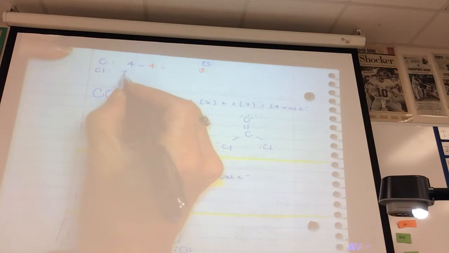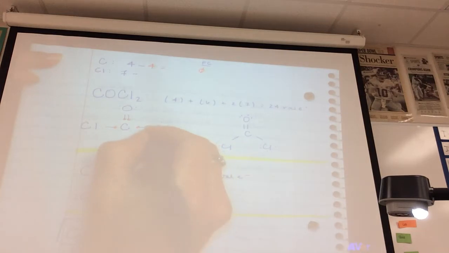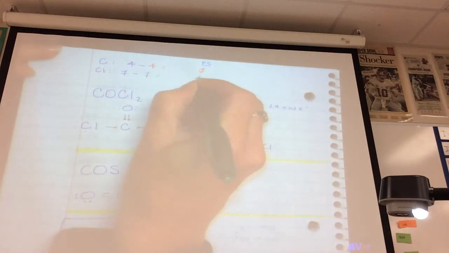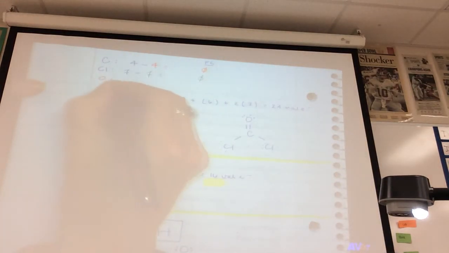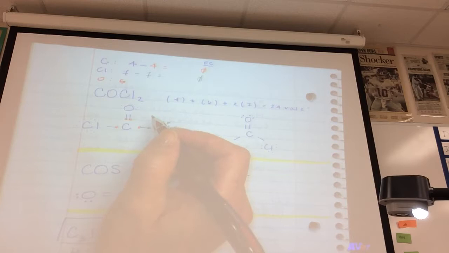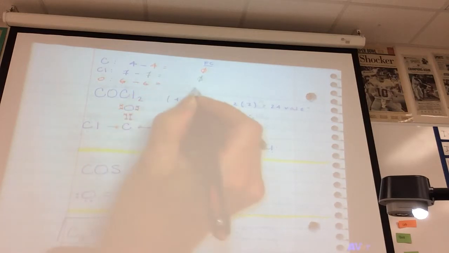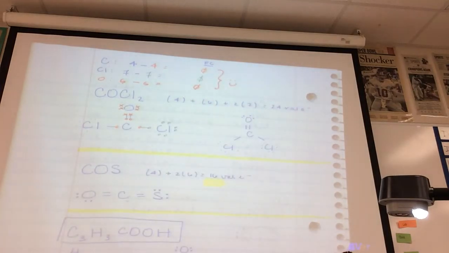Chlorine, group 17, 7 valence electrons. 1, 2, 3, 4, 5, 6, 7. 7 minus 7 is 0. Oxygen, by its lonesome, how many valence electrons? 6 is correct, group 16. 1, 2, 3, 4, 5, 6. This structure is beautiful. No formal charges on any atom.